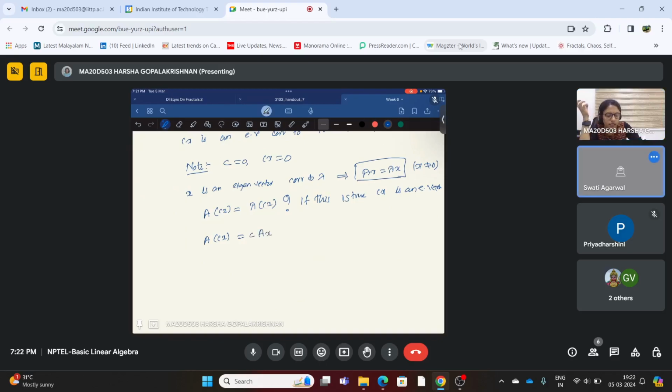Now, what is Ax? Ax is lambda x from the already known condition. Lambda and C are just constants. I am taking lambda and Cx together. So what I got is A Cx equals lambda times Cx, with Cx non-zero. So Cx is also an eigenvector.